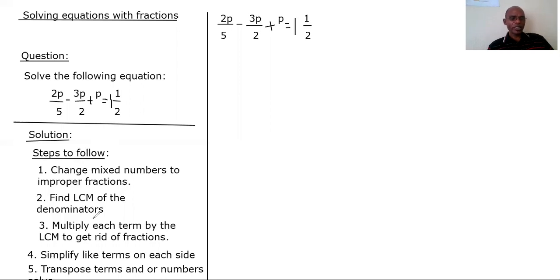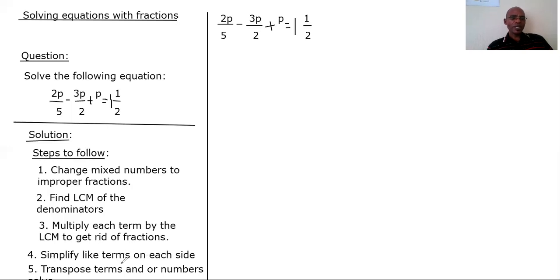Then the third step: multiply each term by the LCM or the LCD to get rid of fractions, right? We can easily make mistakes if we are dealing with fractions. So to avoid that in equations, I have to get rid of the denominators by multiplying by the LCM or the LCD.